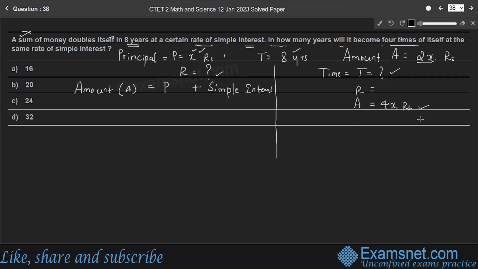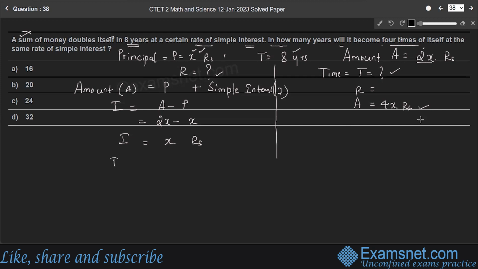The interest I is always amount minus principal. The amount here in the first case is 2x rupees, minus principal x, so the interest received is x rupees. Interest plus principal gives the total amount.